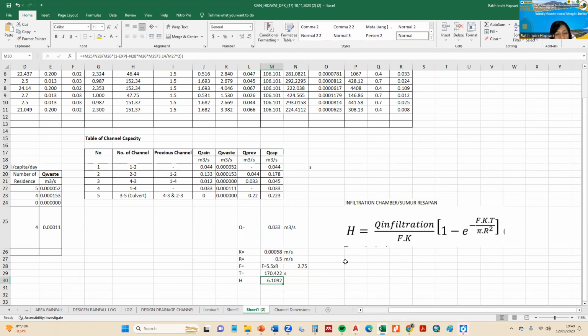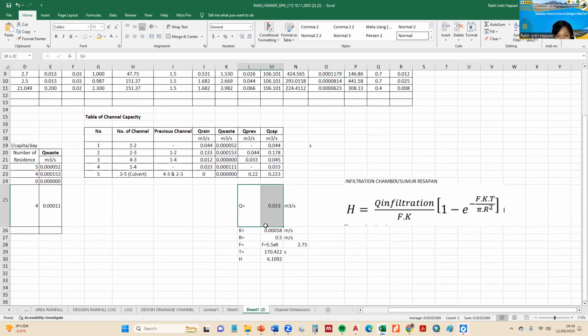Yes. You see the depth of the infiltration chamber is so big, 6.1. So if we want to collect all the water in the roof to get absorbed to the ground, we have to make a very huge infiltration chamber like this.